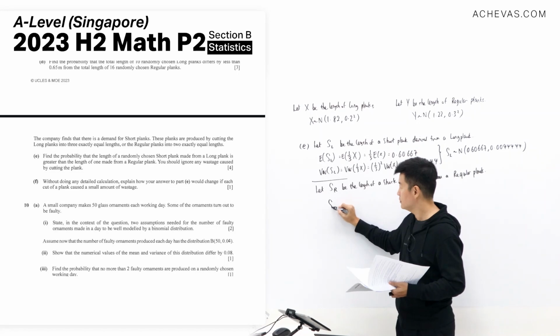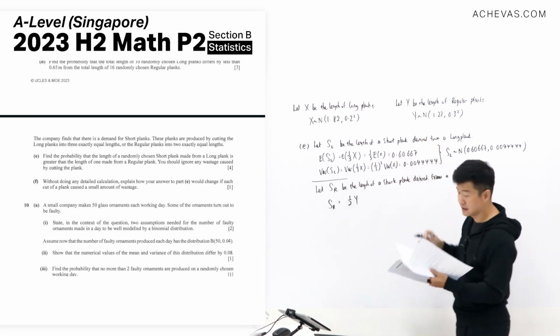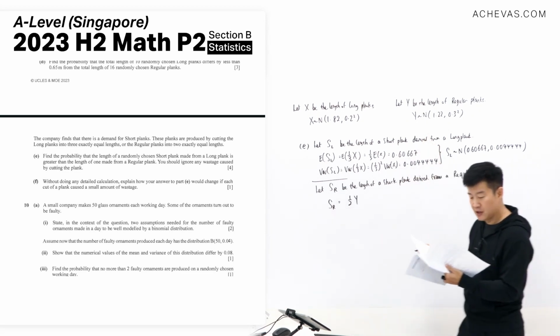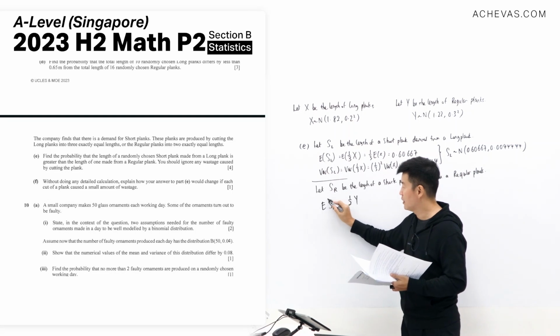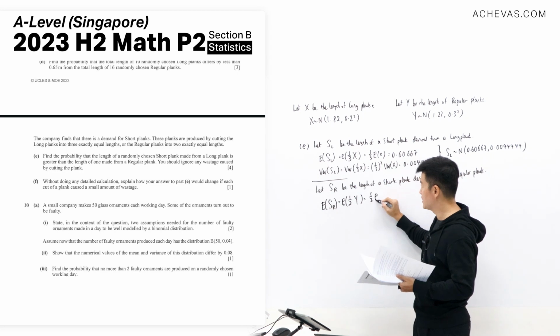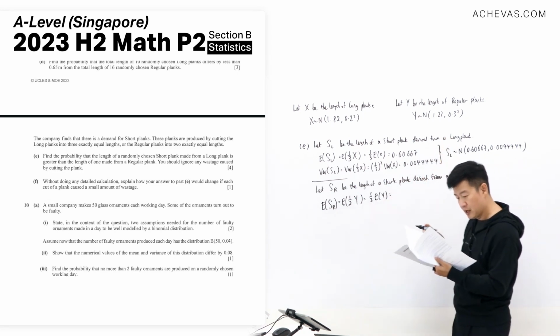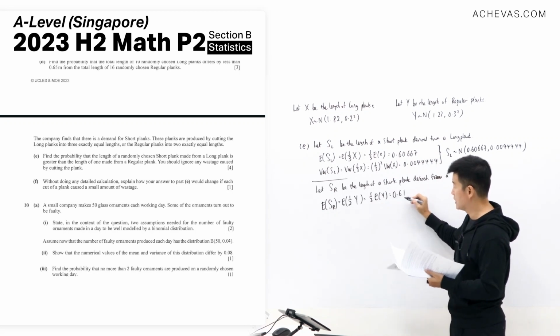So SR will be represented by half of y, where y is the length of a regular plank. We find the expectation of this, which is half times the expectation of y, so half times 1.22. This is equal to 0.61.